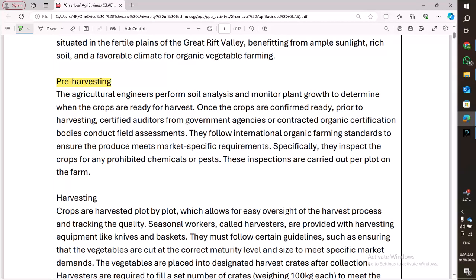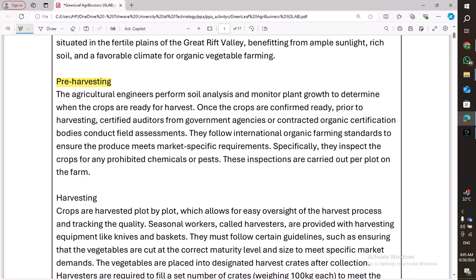Once the crops are confirmed ready, prior to harvesting, they seek certification from government agencies and contract an organic certification body that conducts a field assessment. They follow the international organic farming standards to ensure the product meets the specific requirements.